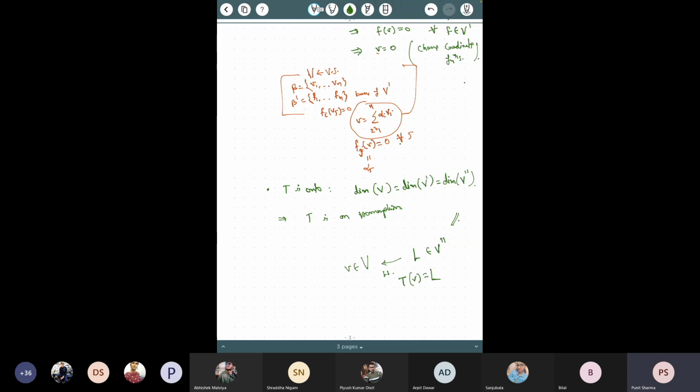It is an if and only if condition that if T is a linear map from a vector space V to W, which have the same dimension, then one-one is if and only if onto-ness. So ultimately you are using the same thing both ways. Anyway, now we have a way to connect elements in V to elements in V double dash.